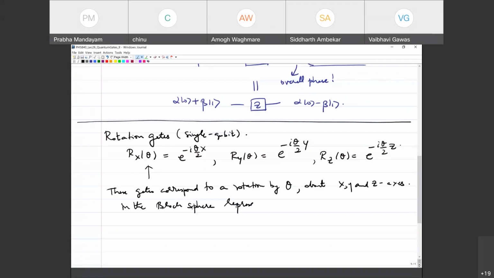Ma'am, in the case of this rotation, is the direction of rotation important? Well, actually for us, it's only the final state that matters, right?